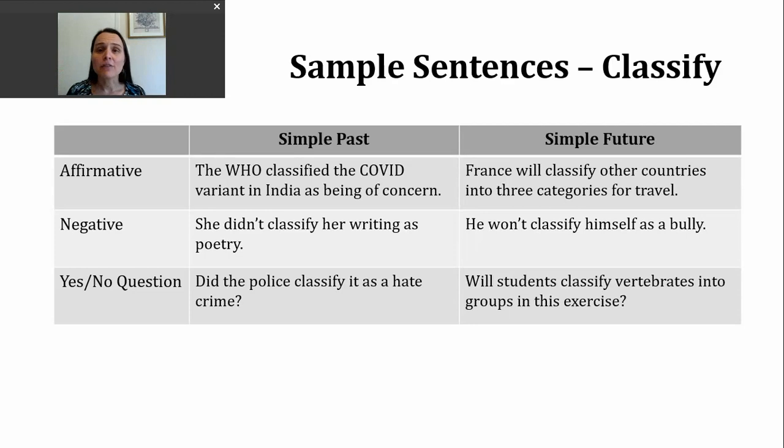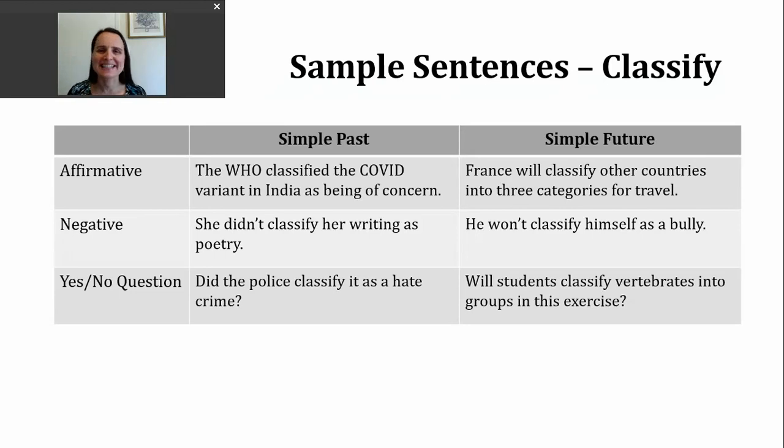To make an affirmative simple past tense sentence, all you need to use is our past tense form of the verb. So this will be true no matter what our subject is. Here's an example. The WHO classified the COVID variant in India as being of concern.